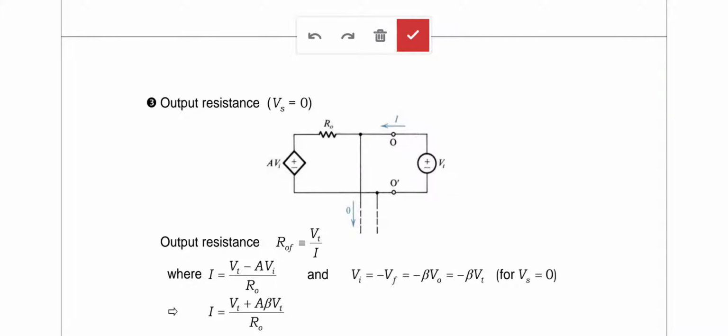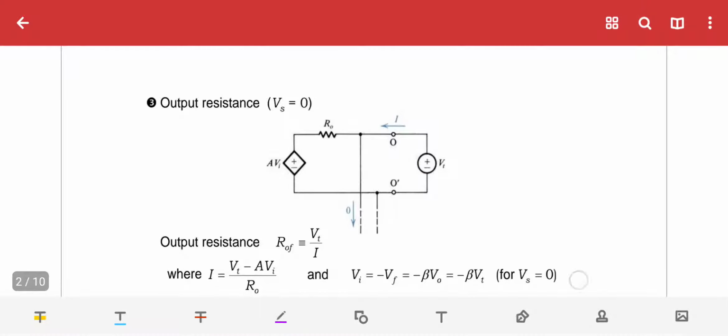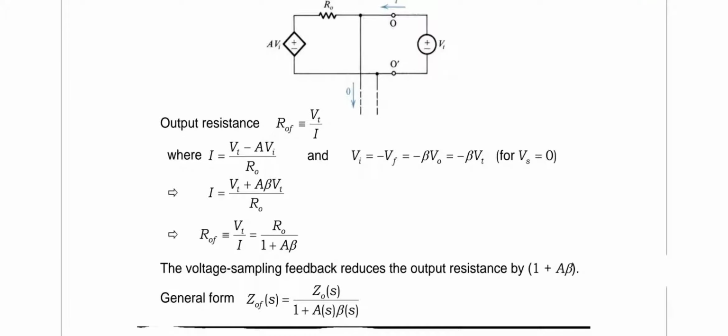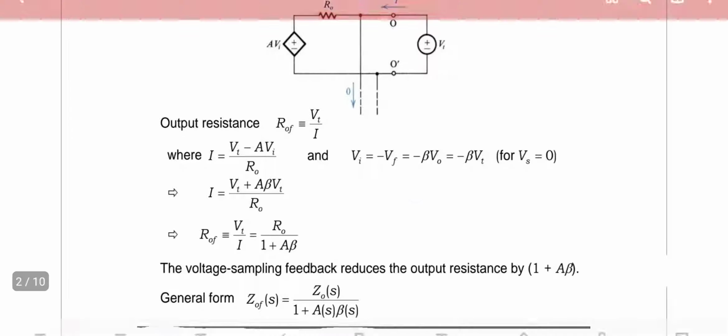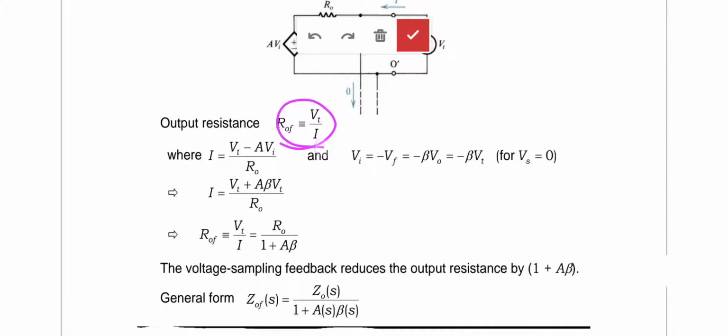So from this circuit, what is Vt? So you can see here ROF is equal to Vt by I. So what is I in this figure?